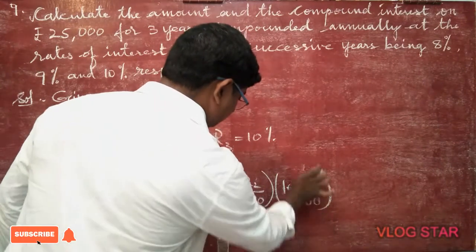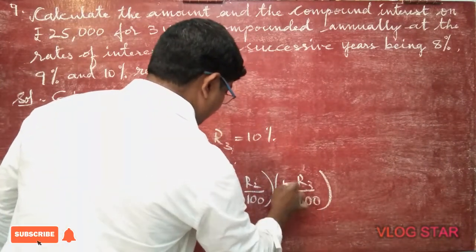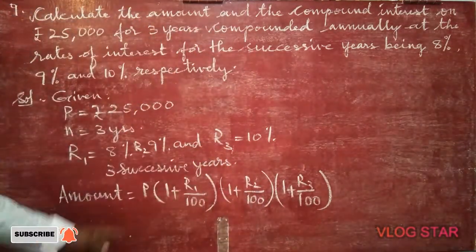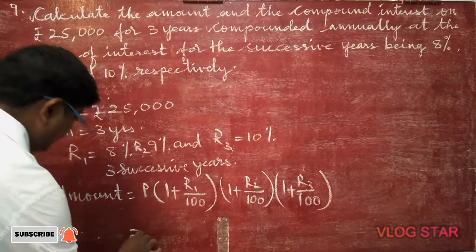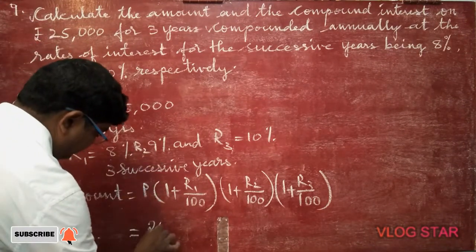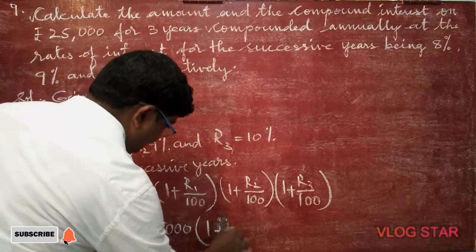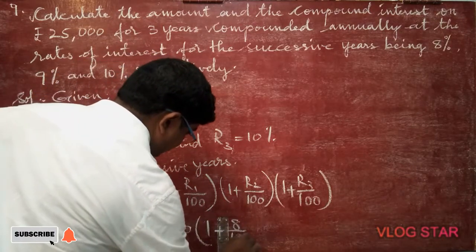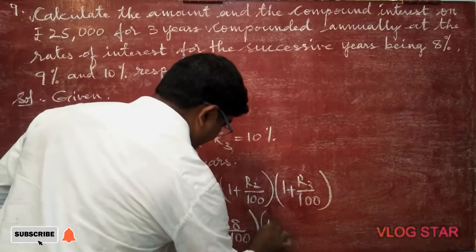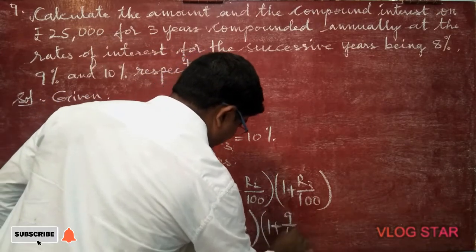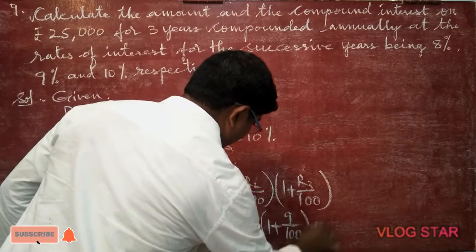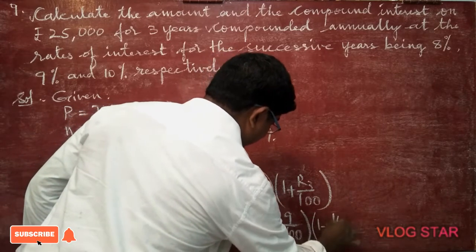Keep in mind. So be careful. That is equal to, what is P? 25,000 into 1 plus 8 by 100 into 1 plus 9 by 100 into 1 plus 10 by 100.